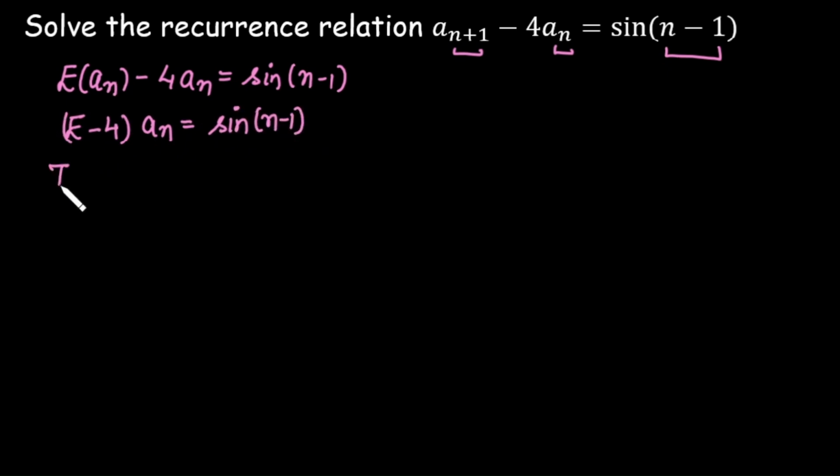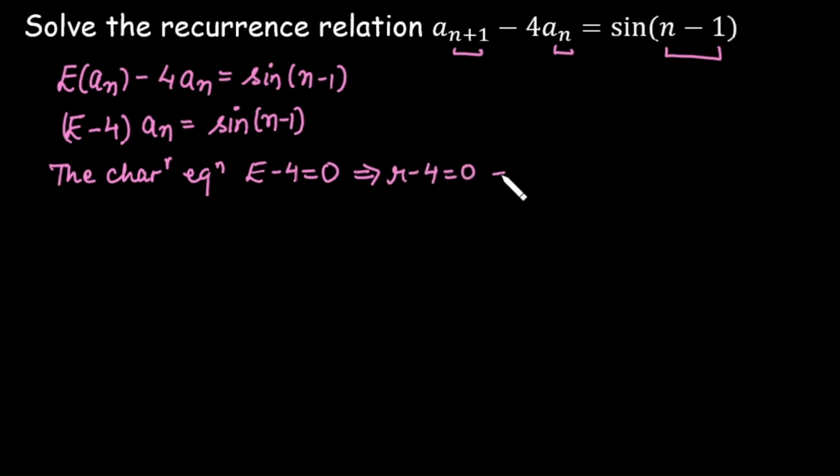From here the characteristic equation is E minus 4 is equal to 0. This implies r minus 4 is equal to 0. Hence we have the root r is equal to 4. So in this case the homogeneous solution is equal to constant times of root raised to power n.